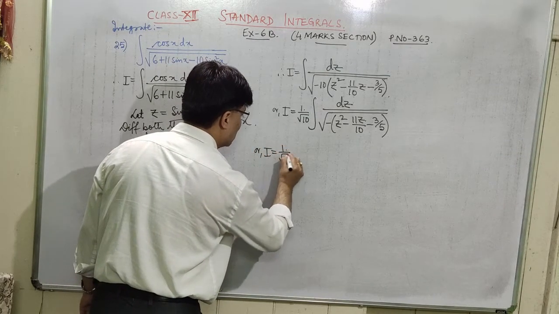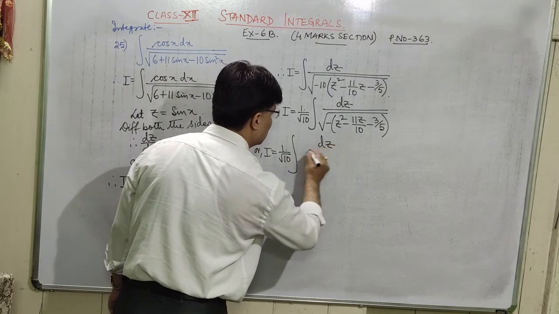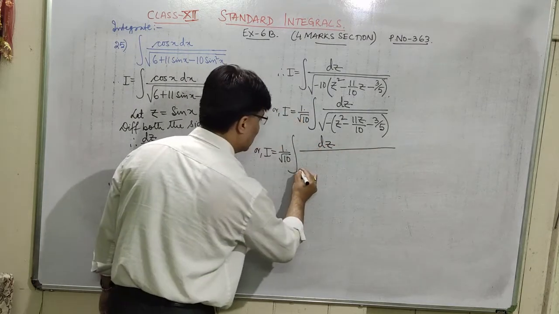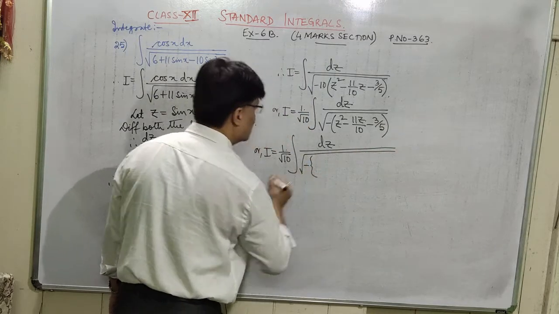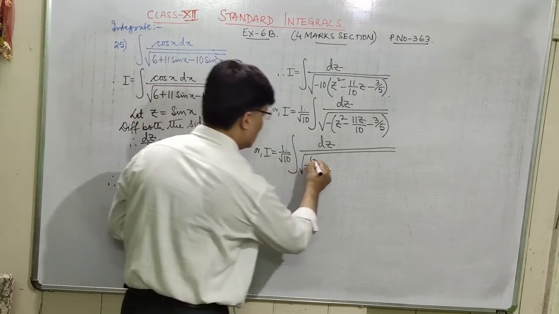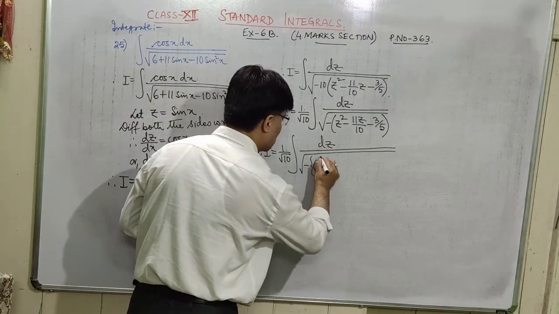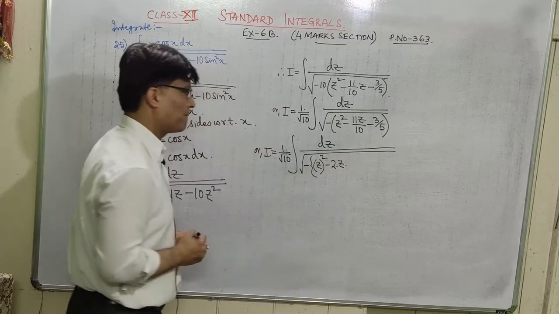So it is 1 by root 10 integration of dz divided by, within square root, minus, within second bracket now, what is a whole square? A whole square is z whole square minus 2 into a, which is z, into.